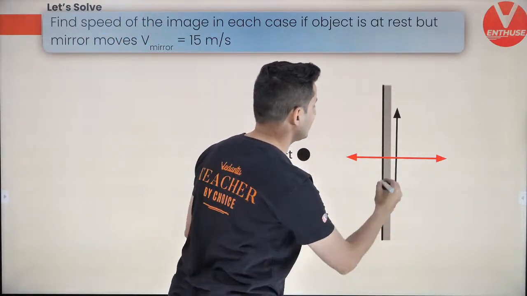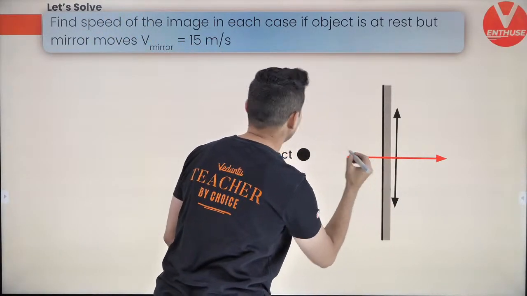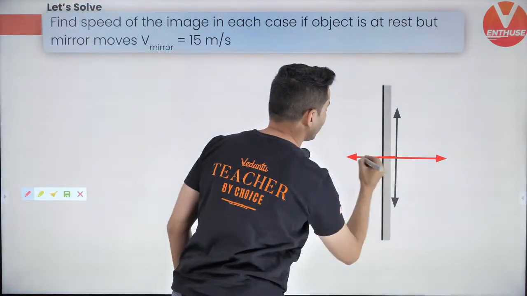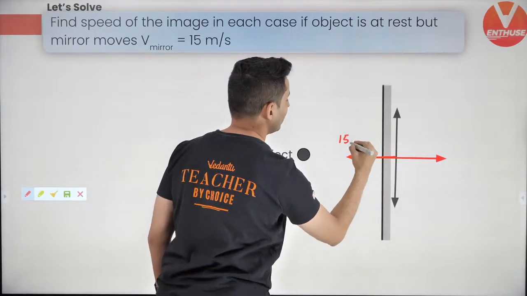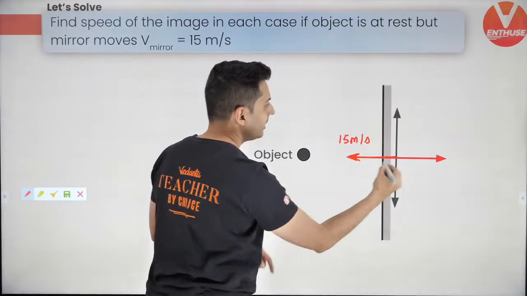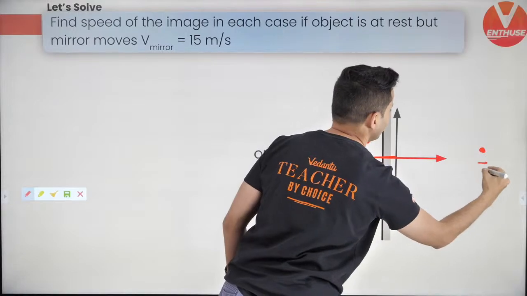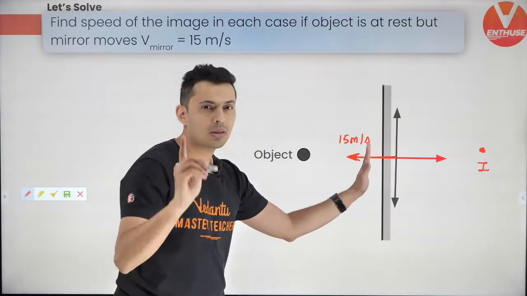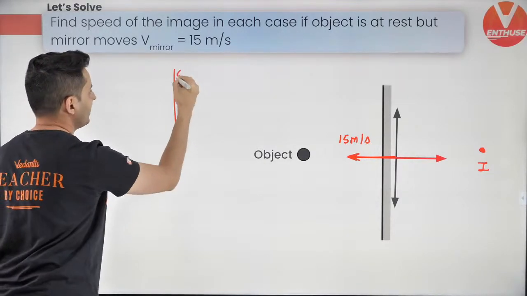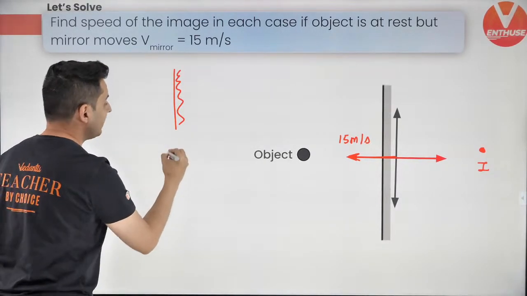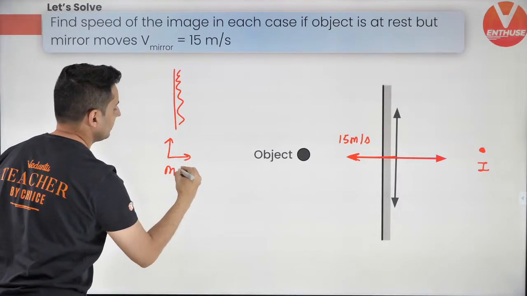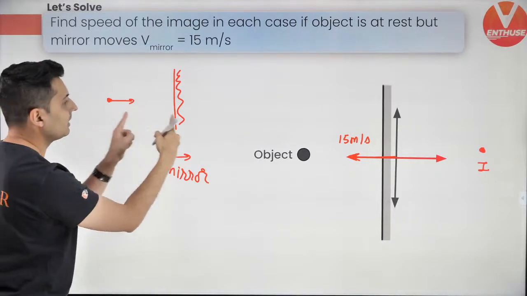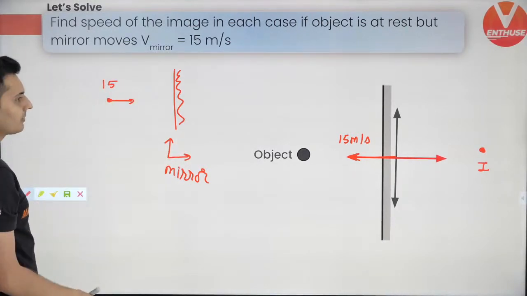Now, in the first situation, if the mirror is moving towards you with a speed of 15 meters per second, then what will happen to the image? Think about it. From the mirror frame of reference, you will actually see the object coming like this with a speed of 15.